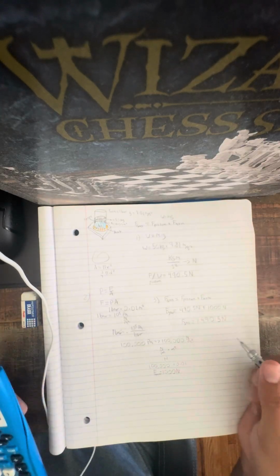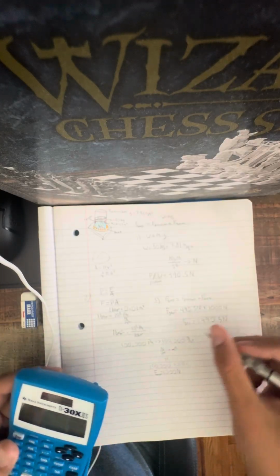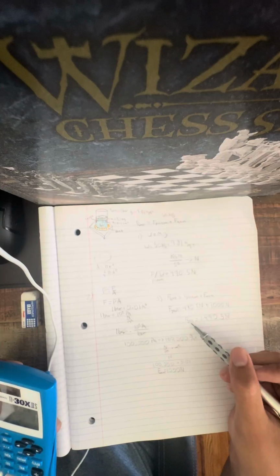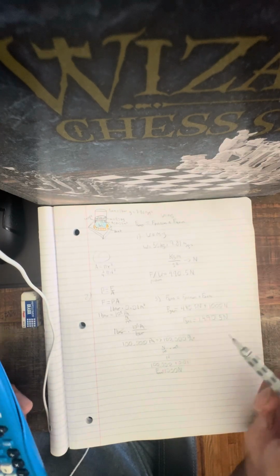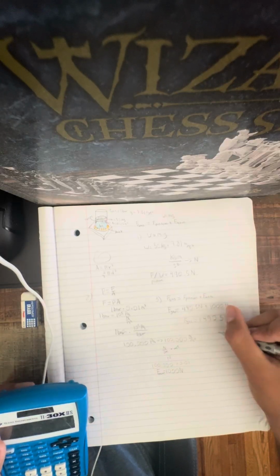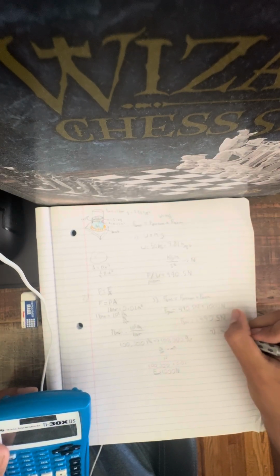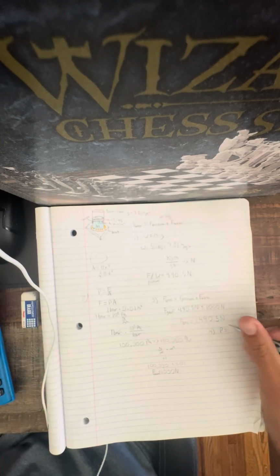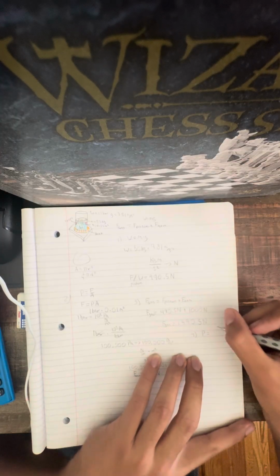So going back to our pressure equation, we will use our force of gas and divide by the area. So let's label this 4, because we are solving for the pressure in bar needed to lift the piston from static equilibrium.